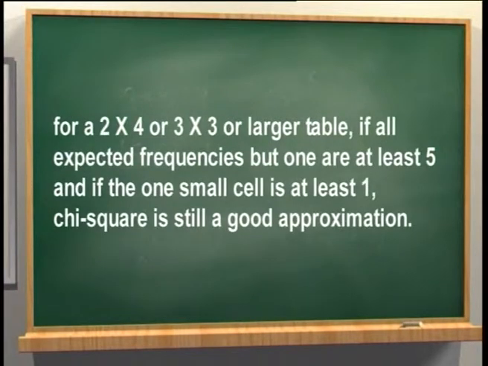For a 2 by 4 or 3 by 3 or larger table, if all expected frequencies but 1 are at least 5, and if the one small cell is at least 1, chi-square is still a good approximation. In general, the greater the degrees of freedom, that is, the more values or categories on the independent and dependent variables, the more lenient the minimum expected frequencies threshold.